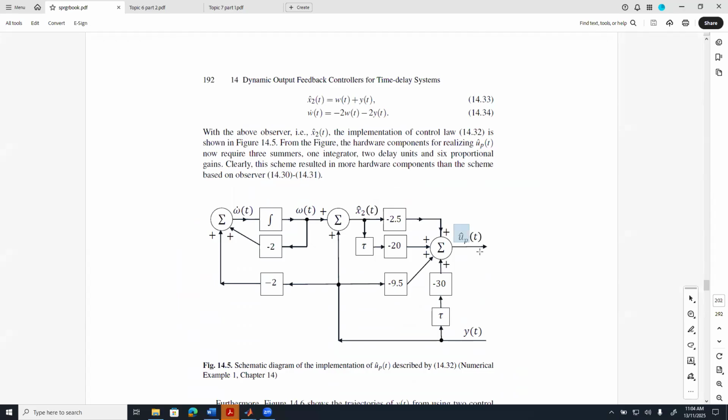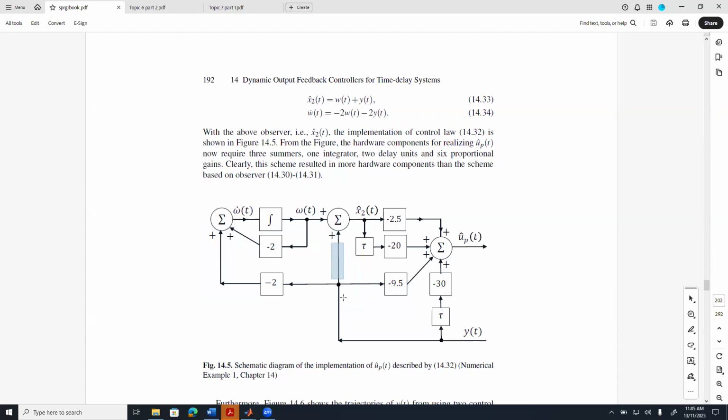To realize this estimation, we take the output measurement in and have a look at this bit in here. This bit itself is the realization of the estimation of x hat 2 of t, which is the estimation of the unmeasurable stack variable. So we have y of t come in and we sum it with omega t, which is exactly this bit here.